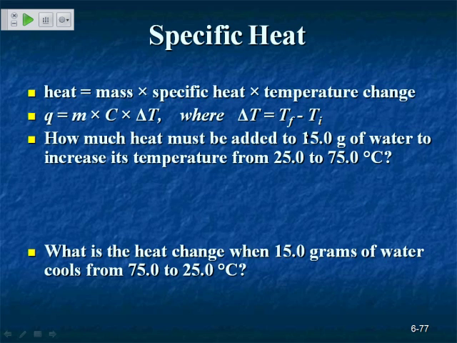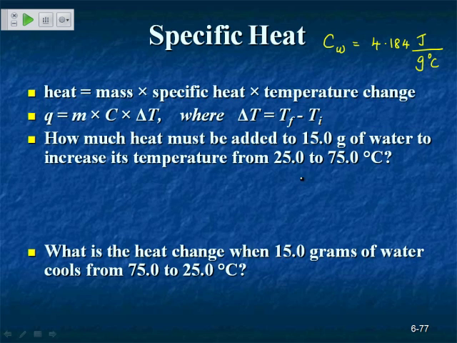Something that is not given in your problem, which I will always give you, is the specific heat of water, 4.184 joules per gram degrees Celsius. So we can directly apply the equation here. We have everything given here, right?